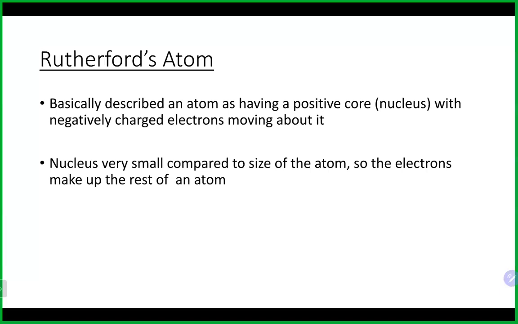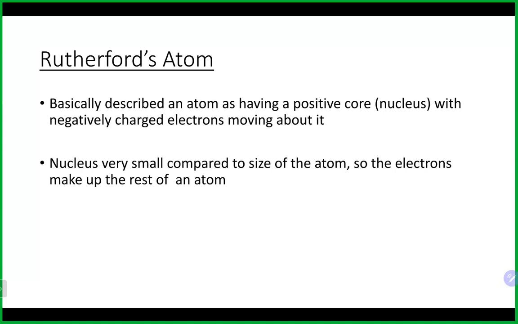So as we talked about with Rutherford's atom, basically, we have that positive nucleus because of the protons. We have our electrons that are moving at a distance from the nucleus. Again, there is obviously an attraction between the negatively charged electrons and the positively charged nucleus overall because of the protons.